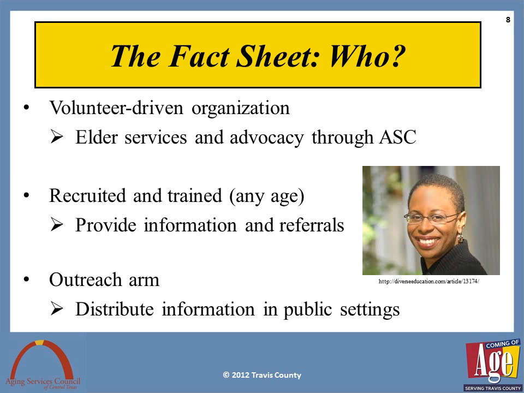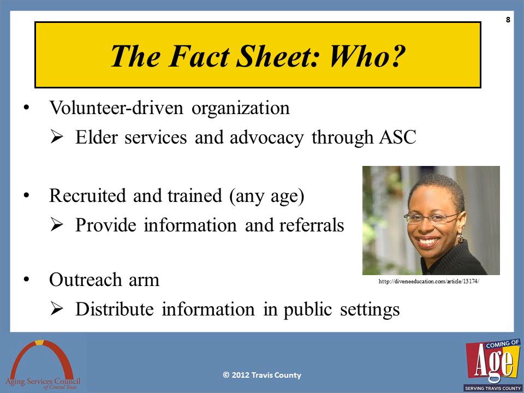The program is a volunteer-driven organization made up of a community of committed volunteers who work in elder services and advocacy through the Aging Services Council. This community of committed volunteers are intergenerational, so they can be recruited and trained. They're of any age, and they're going to provide this information and referrals, and these folks will be known as neighborhood ambassadors.